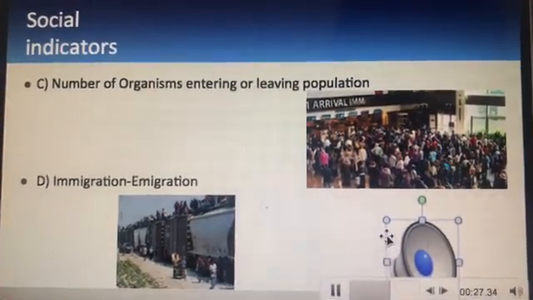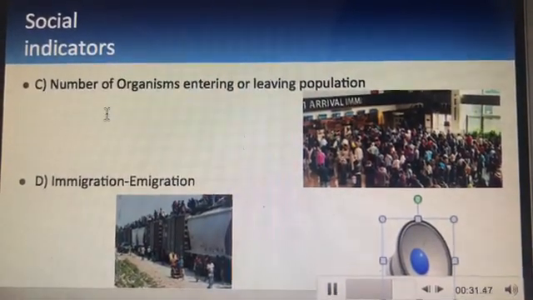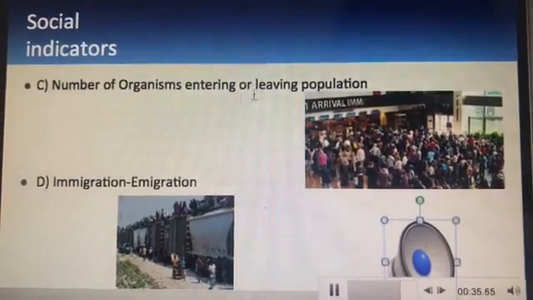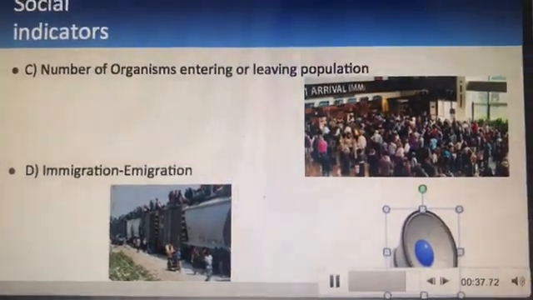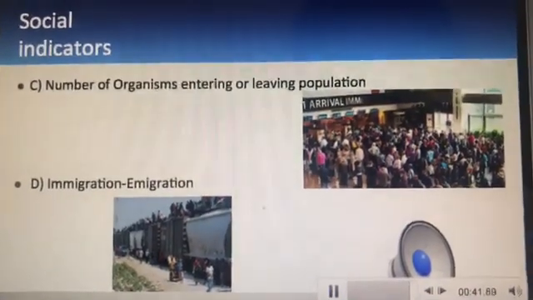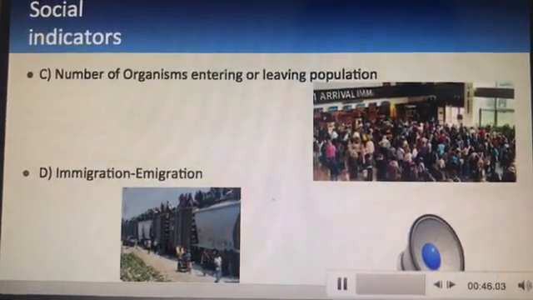So remember, the number of organisms living in a city is a social indicator of counting. That depends on immigration or emigration. This is a topic we're going to talk about later on.